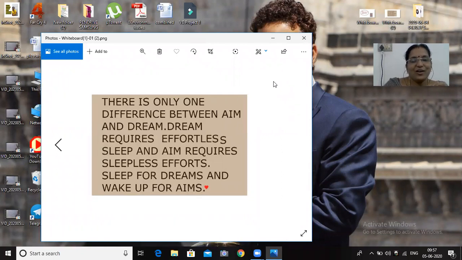There is only one difference between aim and dream. Dream requires effortless sleep, and aim requires sleepless efforts. Sleep for dreams and wake up for aims.